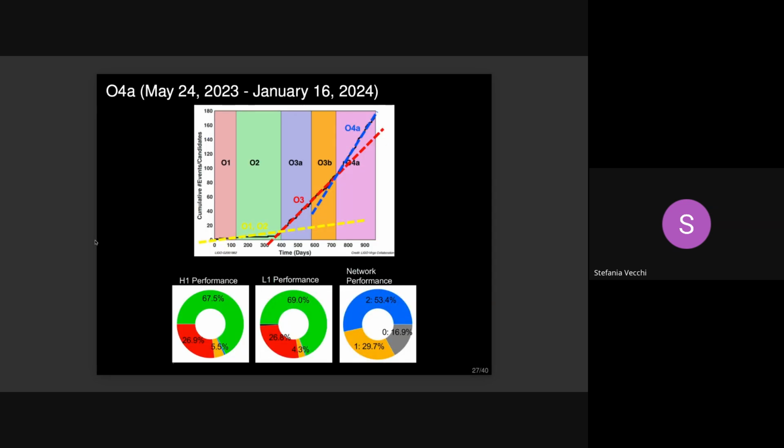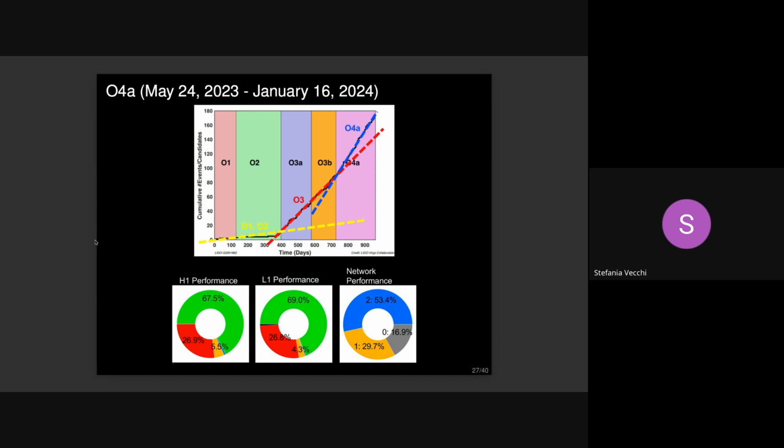And I will be continuing on the single detector story, because this is a cumulative number of events in time, beginning with O1, O2, O3. Then you see the increase in sensitivity, or sensitive volume of the cosmos. And then O4A, even more sensitive detectors, and we see an increase of the events.